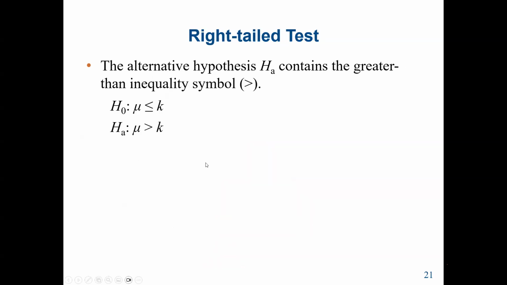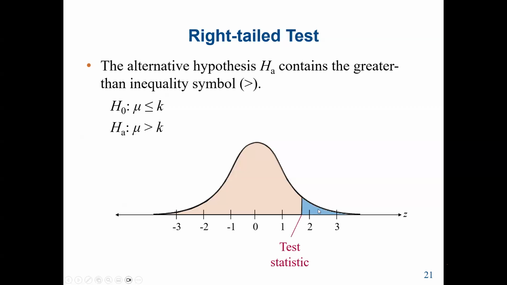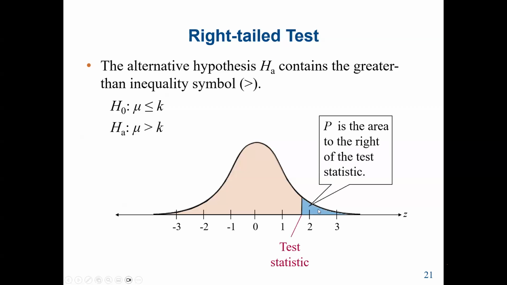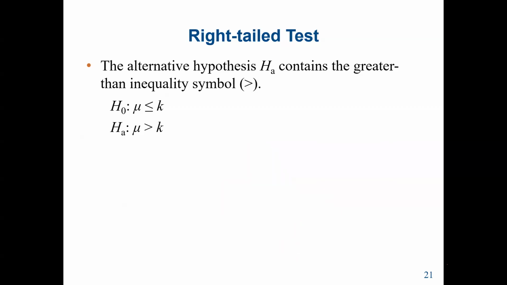Then if we have a right tail, it will go to the right because we can see the HA, mu is greater than K. So whatever value we get in the blue section, we are going to reject H0 because mu is greater than K. The brown area is less than or equal to K, so that will be not to reject H0, accept H0.